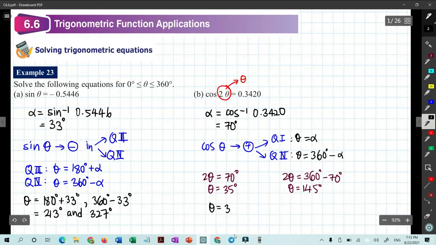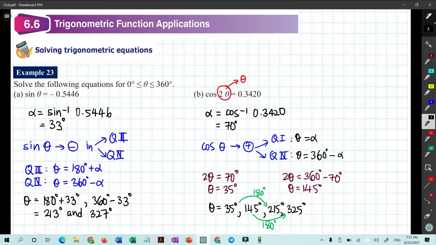Theta is equal to 35, 145, 35 plus 180, which is 215 degrees, and then to 145 we add 180, and we will get 325. Okay. So why do we need to add 180?